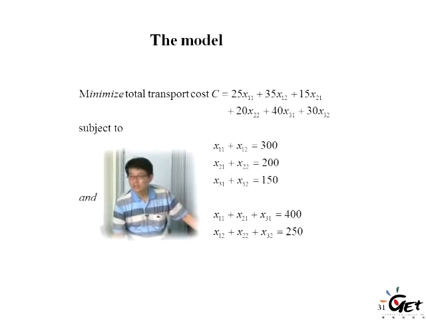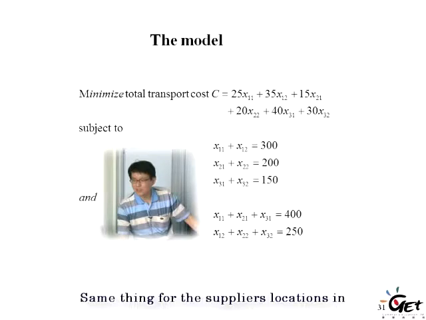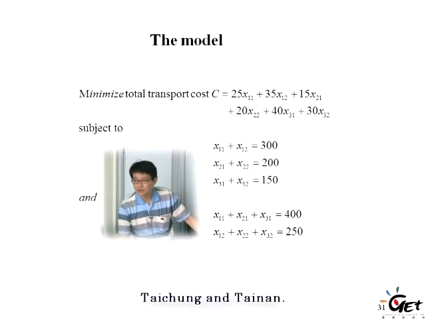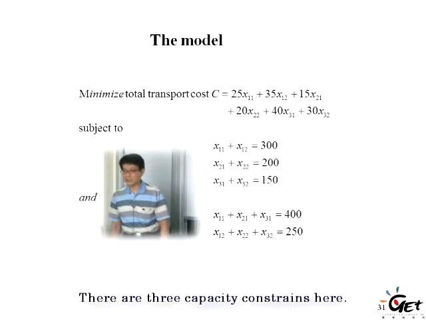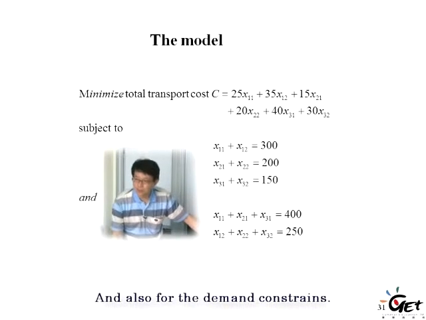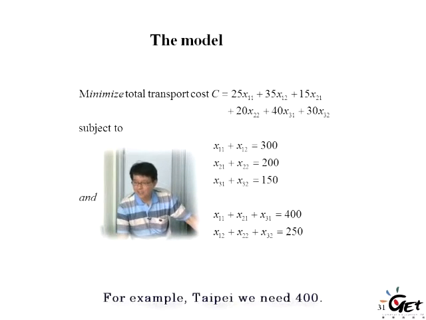Same thing for the supply locations in Taichung and Tainan. Both of them, just like the location in Miaoli, can supply the 2 destinations. We have 3 capacity constraints here. And also the demand constraints. For example, Taipei needs 400.